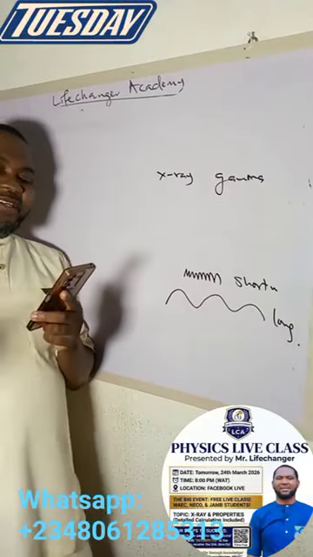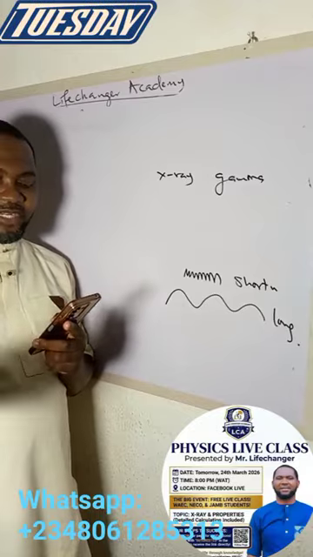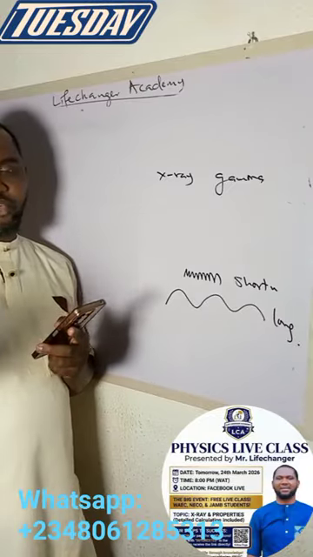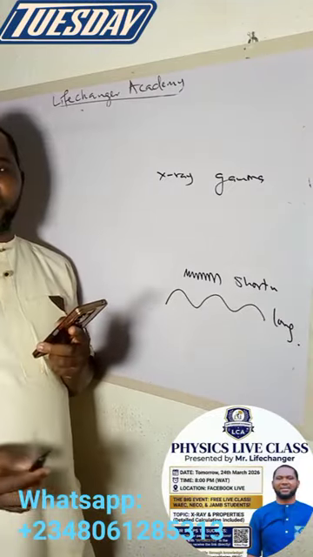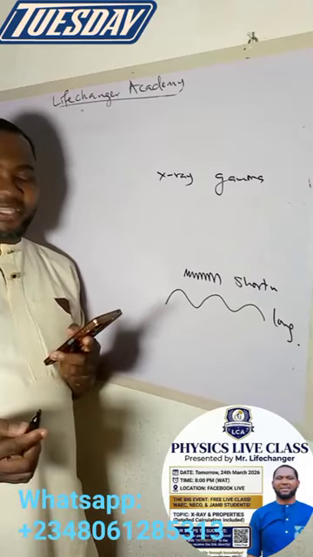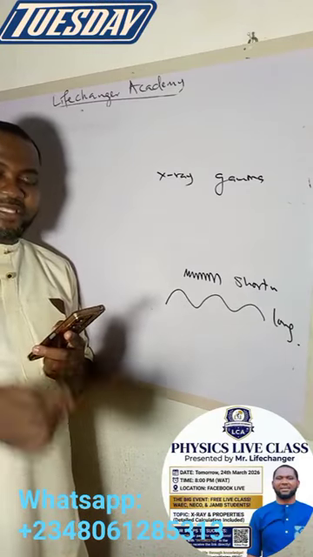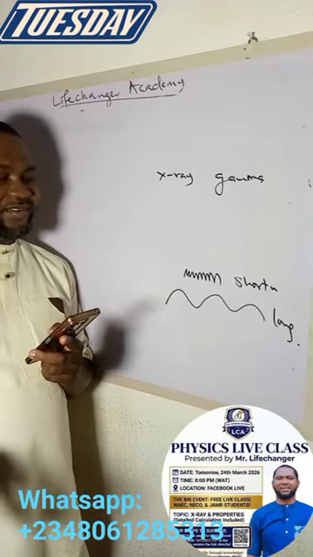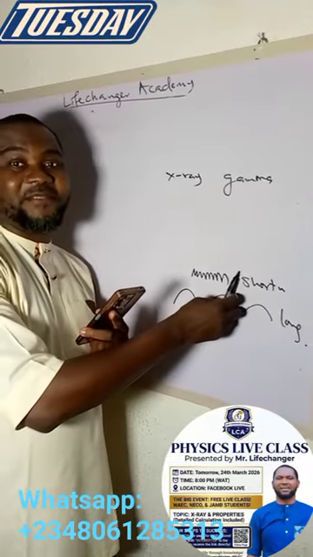B says X-rays are electromagnetic radiations, while gamma rays are negatively charged radiations. That is also not correct, because gamma ray is also an electromagnetic radiation. Both of them are electromagnetic radiations. C says X-rays have higher frequency than gamma rays, but that's not true. The one with the shorter wavelength is the one that has the highest frequency.